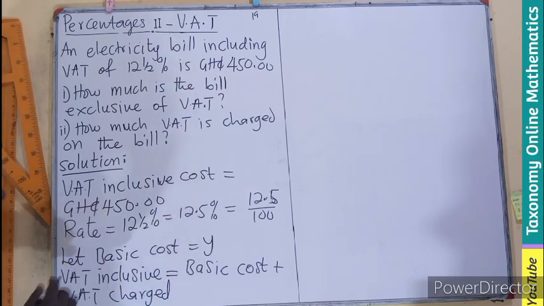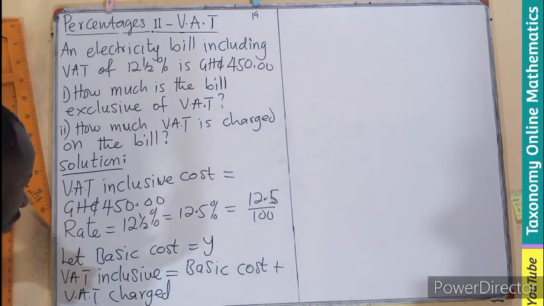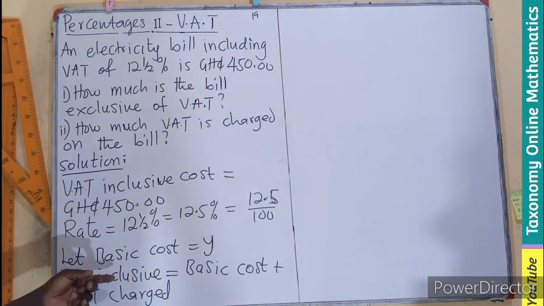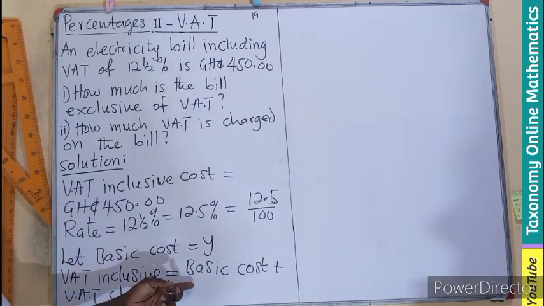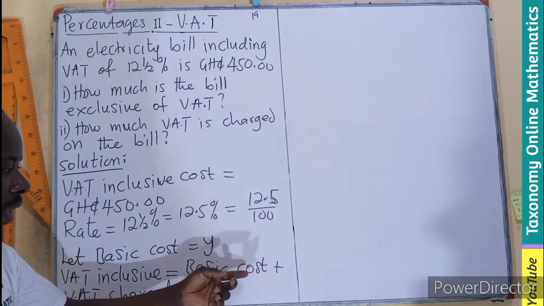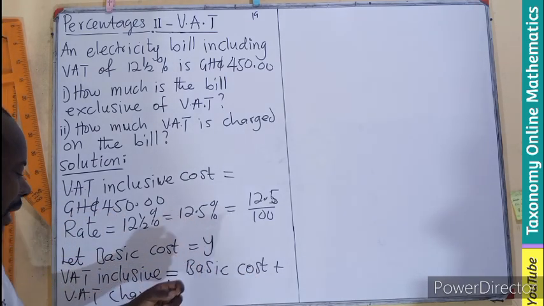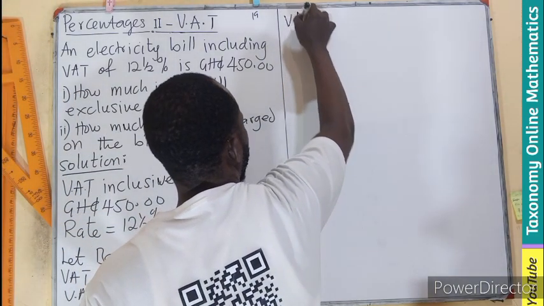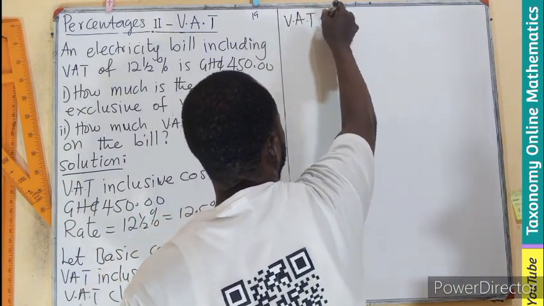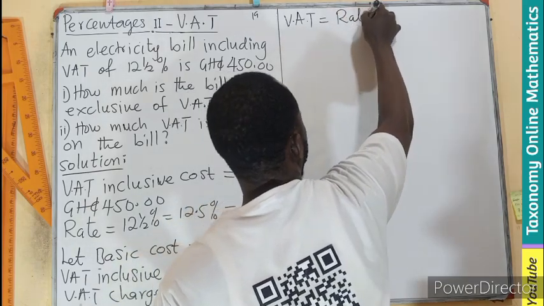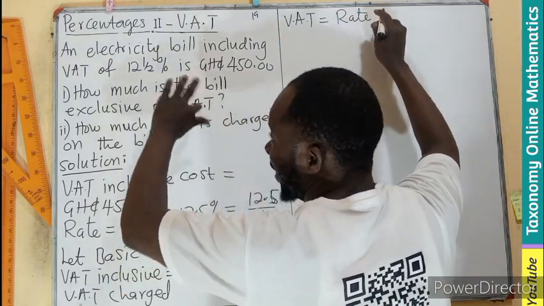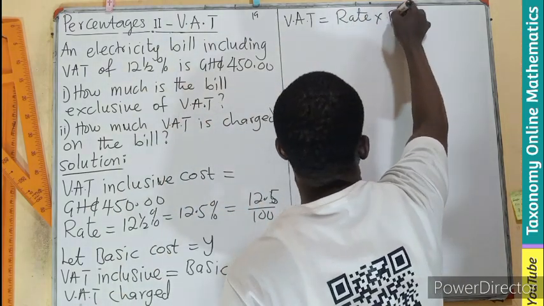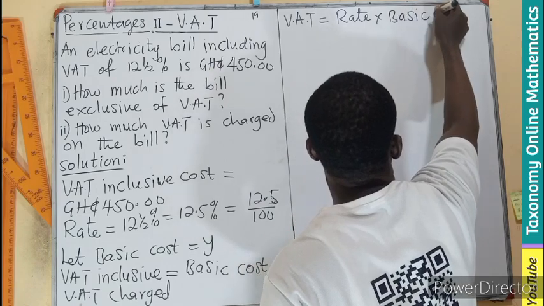Good. So this is what we have. We know the VAT inclusive, which is given in the question, 450. The basic cost, we don't know. We are intending to make it Y. Then the VAT charge. What is the VAT calculation of any article? It is the percentage rate times the basic cost.